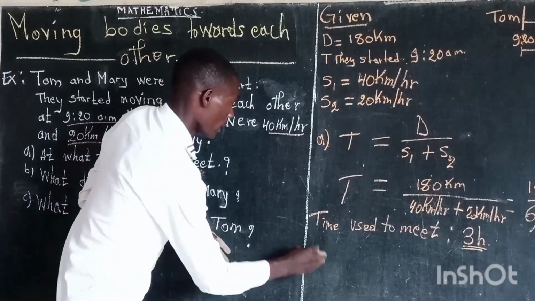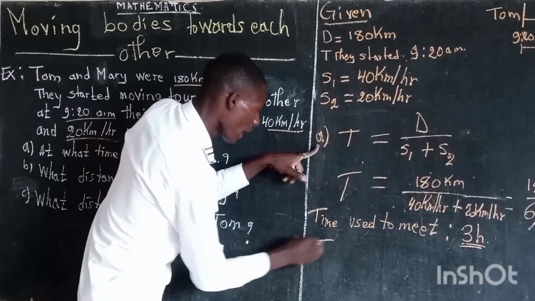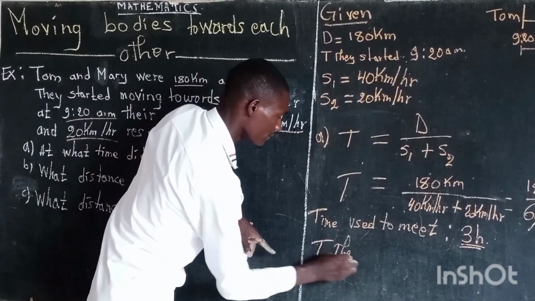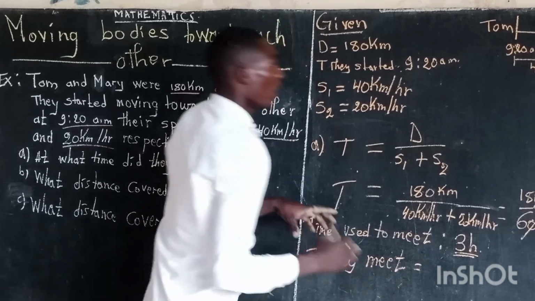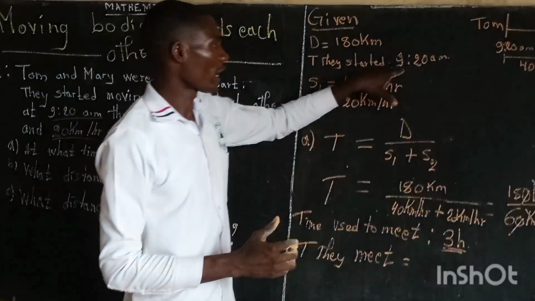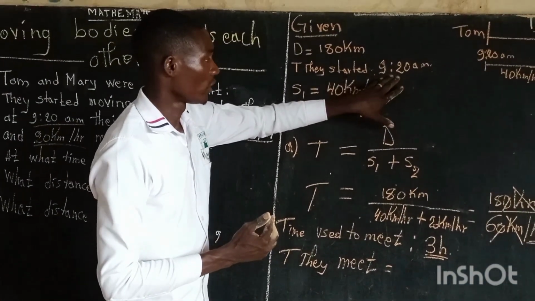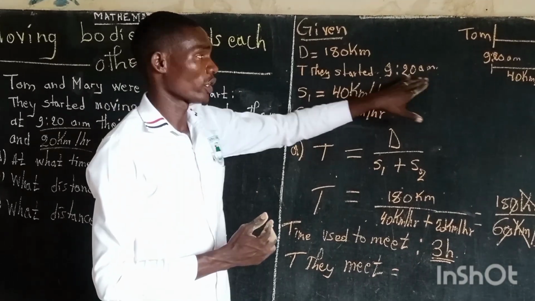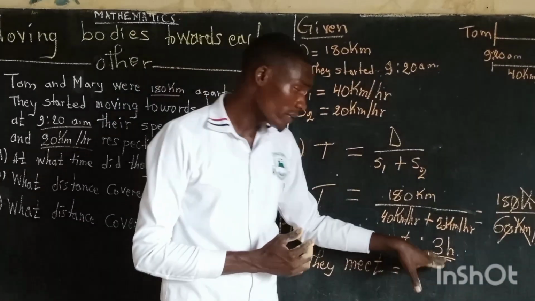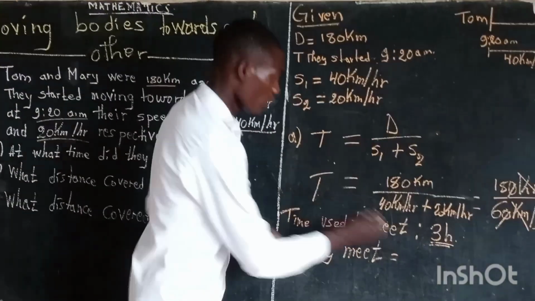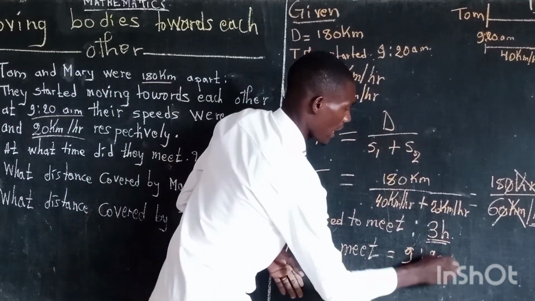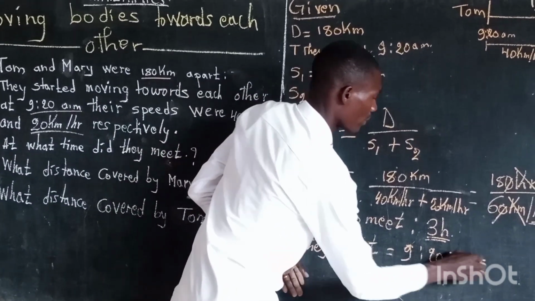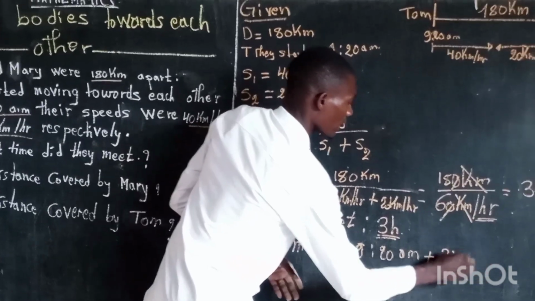So, now, according to A, the time they meet, we take the starting time, we have it here, which was 9:20 a.m., plus this hour. So it means that you take 9:20 a.m. plus 3.